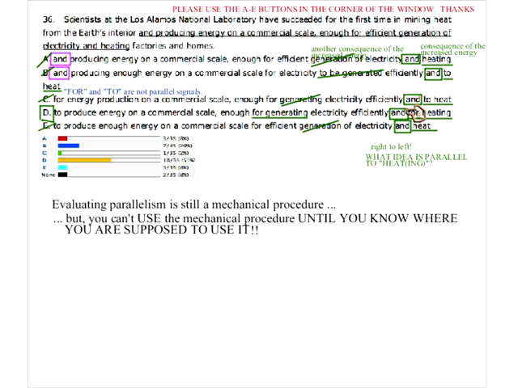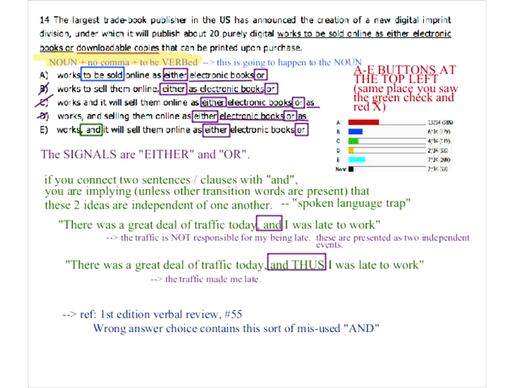So now let's talk about and. I also picked this problem because it ties into this other problem. If you remember what we said, yeah, Rajat's got it perfectly over there. If you connect two sentences or clauses with just and, then you're implying that the two ideas are relatively independent.